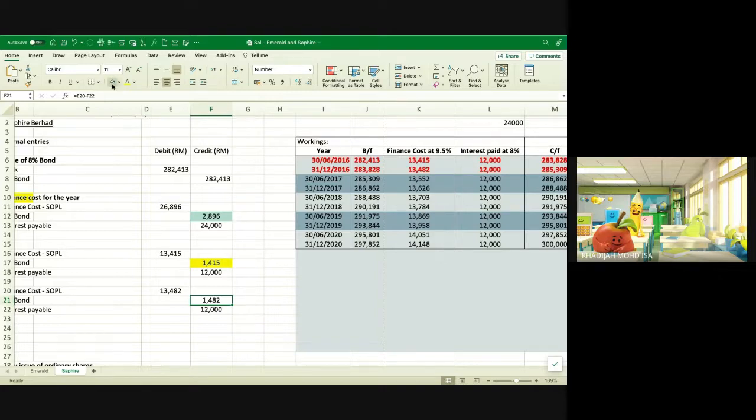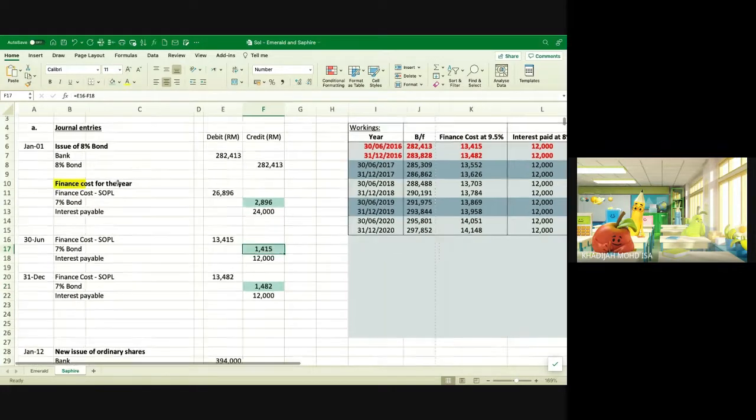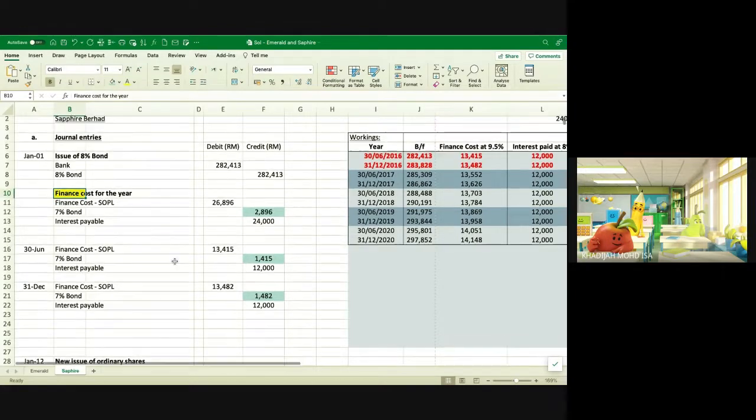Do you get that? The difference is that the first answer is done for the year, so it's for 12 months, but in the second transaction I show you the payment recognized on the 30th June and 31st of December. Is that clear?